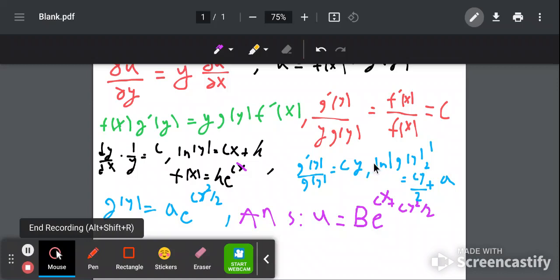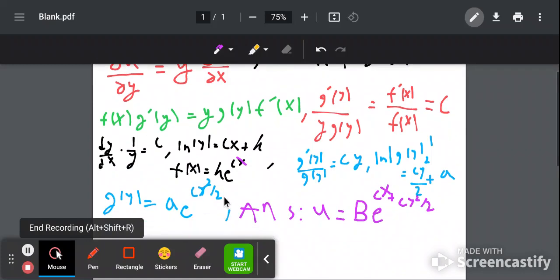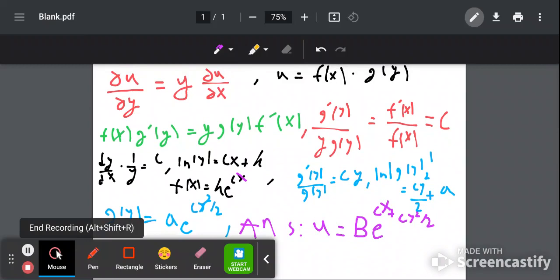Now solving for g of y, we raise both sides to the power of e. So the answer for our g of y is alpha times e to the power of cy squared over 2. Now we have successfully found the answers to the two ODEs, and the only thing left is to multiply them and find the general solution to the partial differential equation.